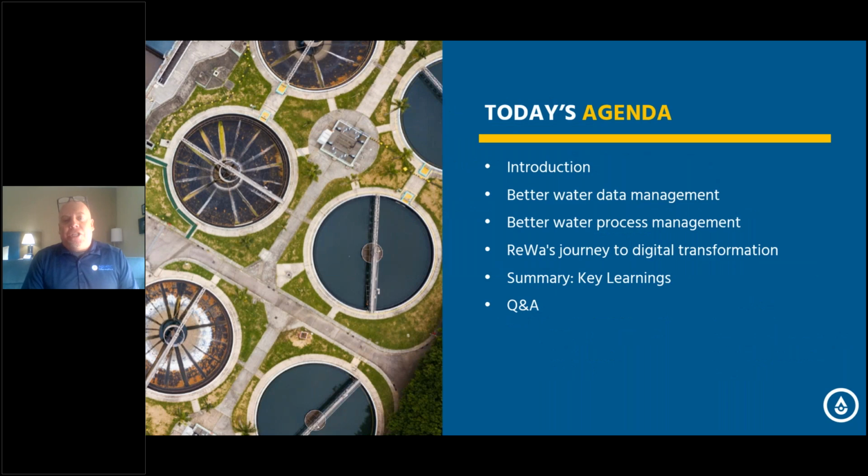So for today's agenda, we've already been through the introductions. What we want to talk about is better water data management solutions. How do we use data management solutions to overcome challenges and objectives, and to better manage water processes throughout? Dave's going to talk a little bit about the process management side of bringing all this data together and how we utilize this to improve efficiencies, optimizations, things like that.